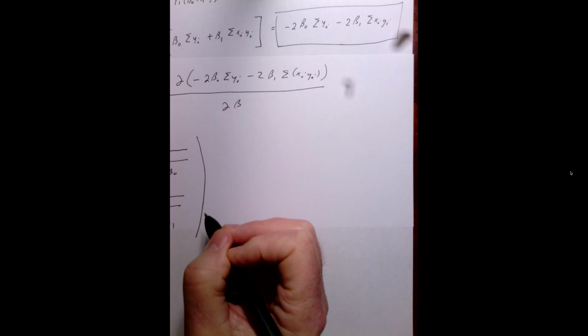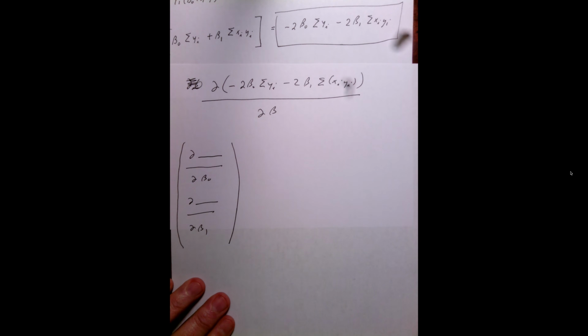And this is equivalent to taking the partial with respect to beta 0, and the partial with respect to beta 1. And it would really, really help if you guys could see that, wouldn't it?